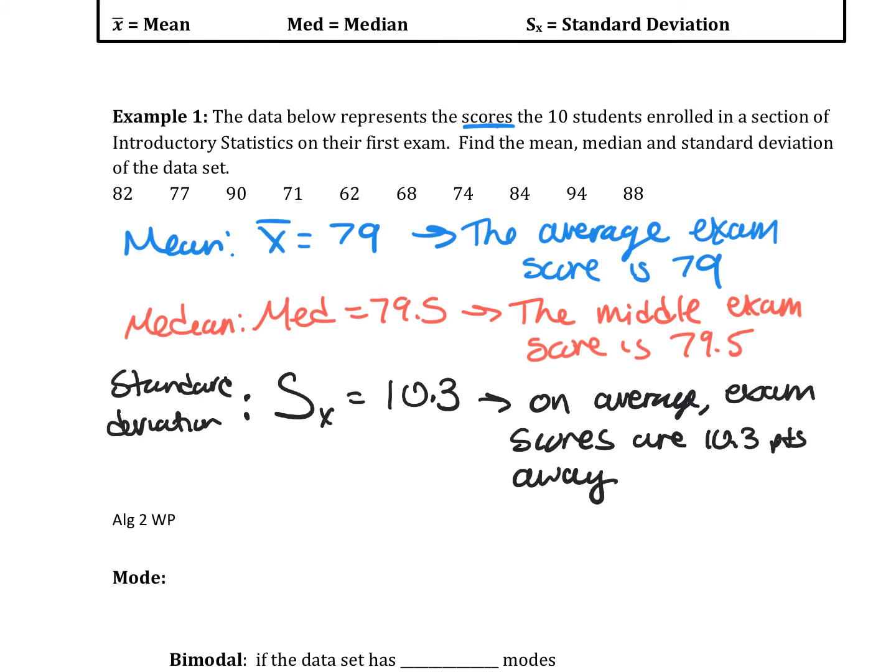This can be plus or minus, either above the mean or below the mean, but it's just 10.3 points away from the mean, meaning you can go either direction. Alright, so again, you've got to understand what these values mean.